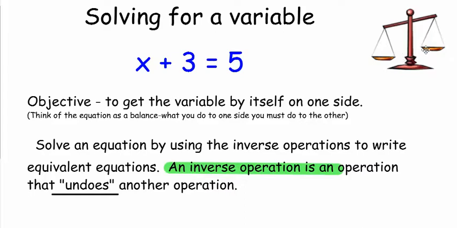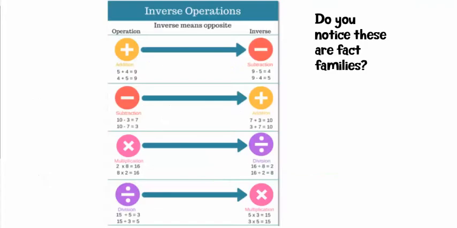If I were to add some weight to this one, I would have to do the same thing on the other if I wanted it to level out. Looking at these, 5 plus 4 is 9, 4 plus 5 is 9, but on the other side, 9 minus 5 is 4, 9 minus 4 is 5. Do you notice that those are fact families? That's why they're called inverse of each other.